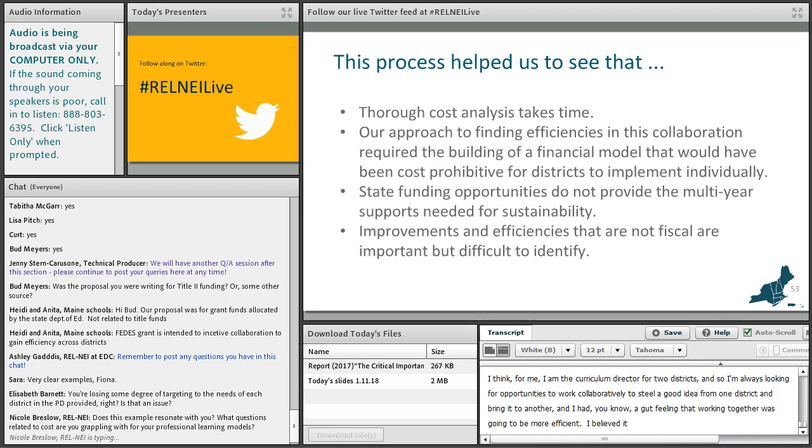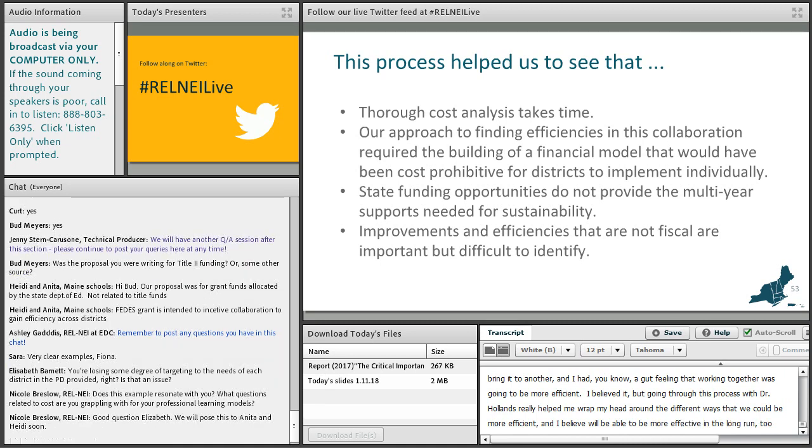I believed it, but going through this process with Dr. Hollands really helped me wrap my head around the different ways that we could be more efficient, and I believe we'll be able to be more effective in the long run too, for lots of contextual reasons that we described earlier. So it was a very helpful process, all in all, and I think it pushed Anita and I to really look at our situation from different lenses that we wouldn't have looked at it from had we not had this opportunity.